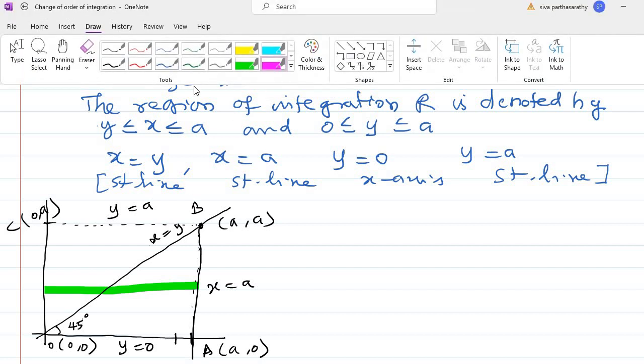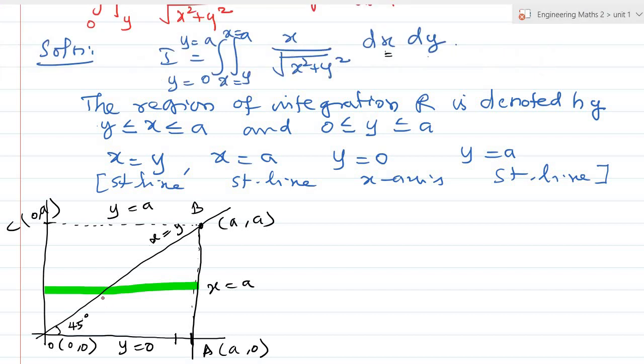What is the starting point? You can take this one. Okay, red. So what is the starting point? x equal to y. I am writing in a different pen. This straight line is x equal to y, is it not? And then it ends with x equal to a. This is x equal to a.